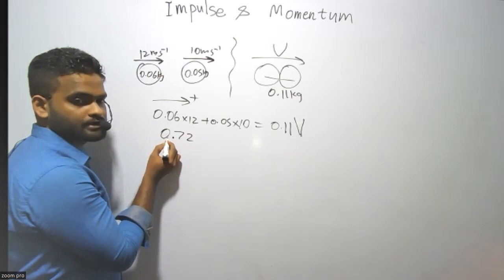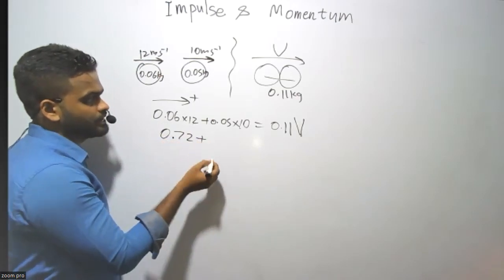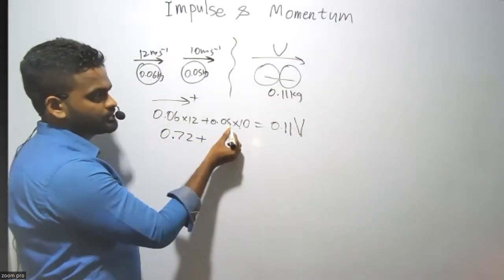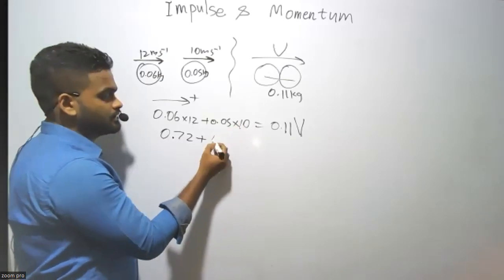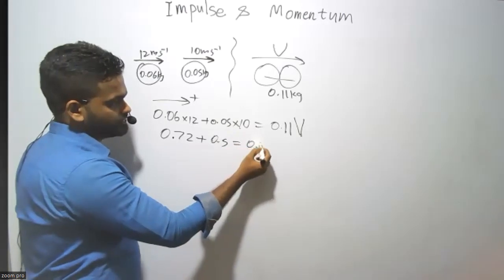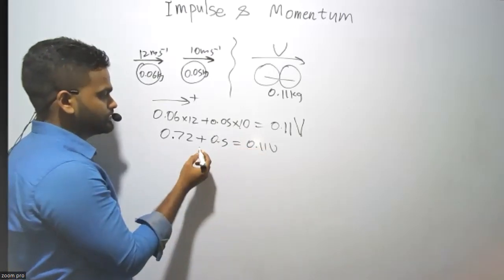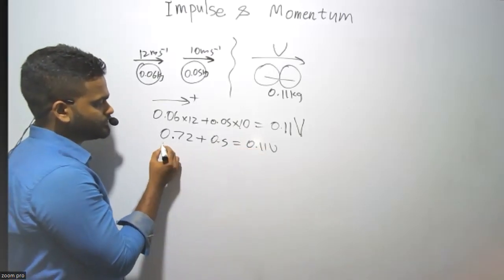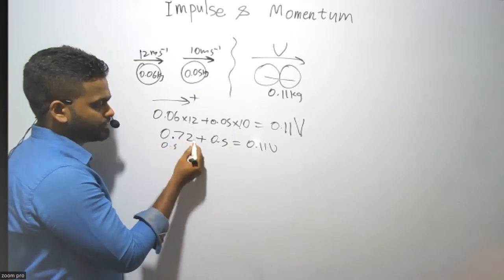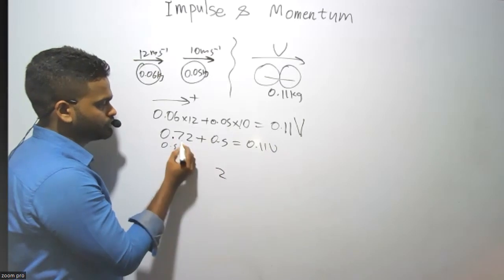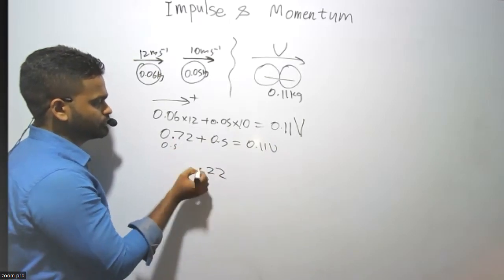So put 2 decimals, 0.72. Then again here 0.05 times 10 means just skip 1 decimal to this side. 0.5 equals 0.11 V. So this is 0.5 plus 0.72, 1.22 equals 0.11 V.